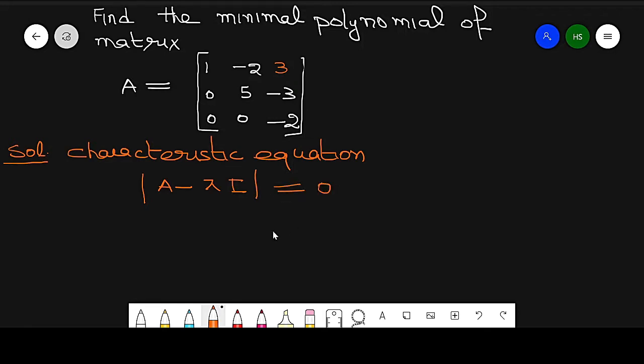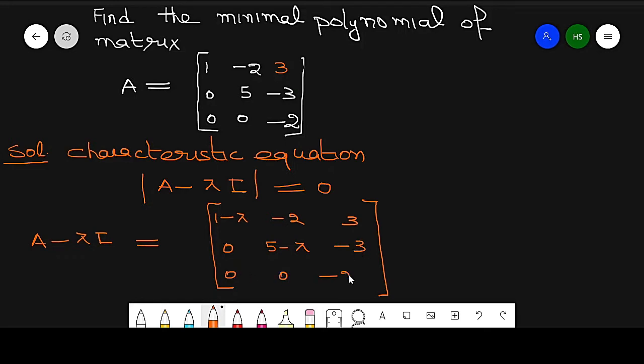So what is A minus lambda I? This value is equal to [1 - λ, -2, 3; 0, 5 - λ, -3; 0, 0, -2 - λ].